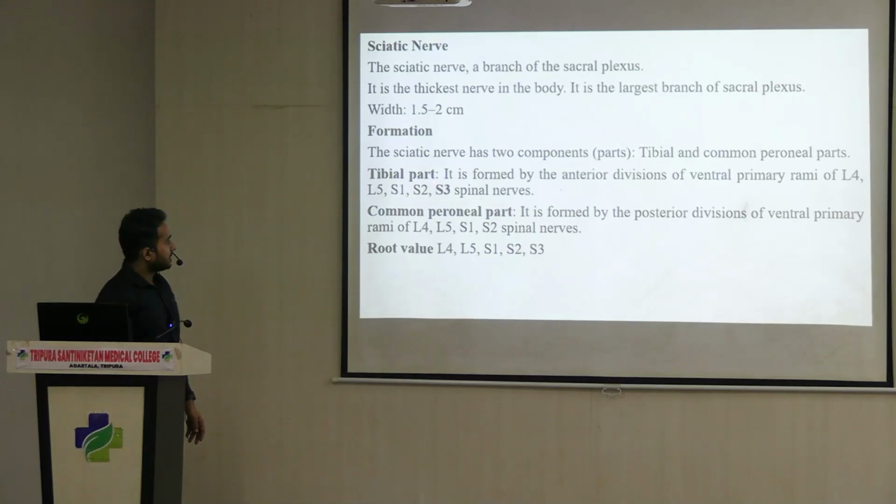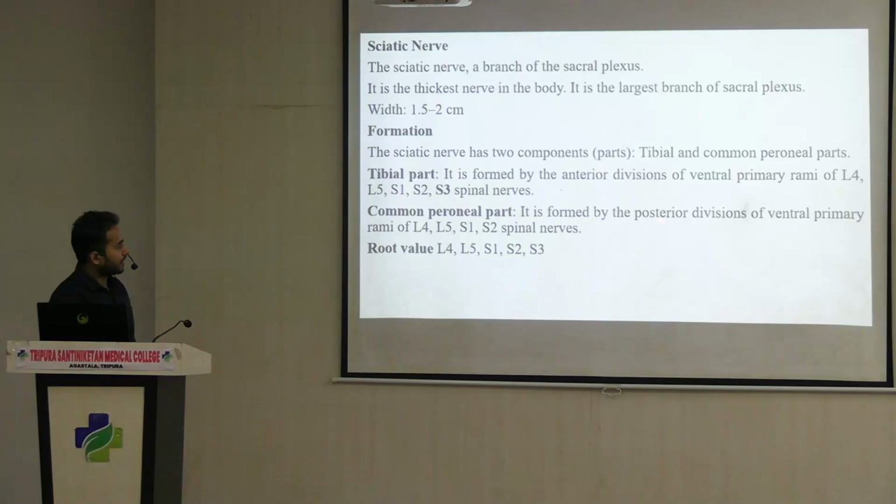Okay, so the tibial part is formed by the anterior division of the ventral primary rami L4, L5, S1, S2 and S3. And the common peroneal is formed by the posterior division of the ventral primary rami. So how is the tibial component formed? From the anterior division of the ventral primary rami, and the common peroneal part from the posterior division of the ventral primary rami.